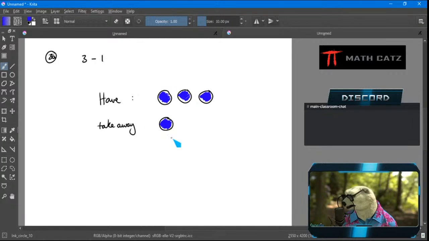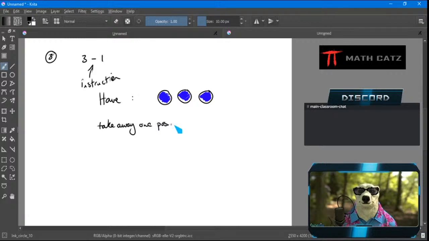That's not at all what's happening. When it comes to subtraction, I see this more as an instruction. This is more an instruction for what to do with what I have. And the instruction is take away 1. Write it in words. Take away 1 chicken.